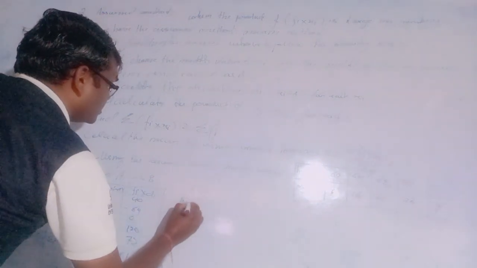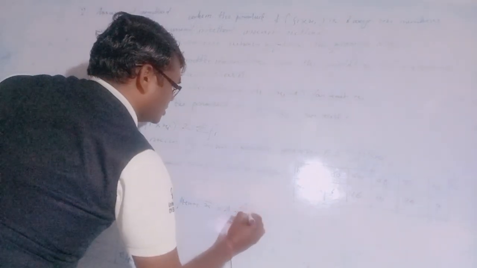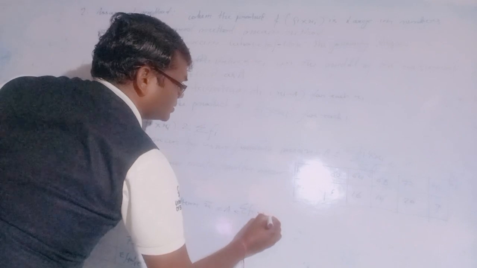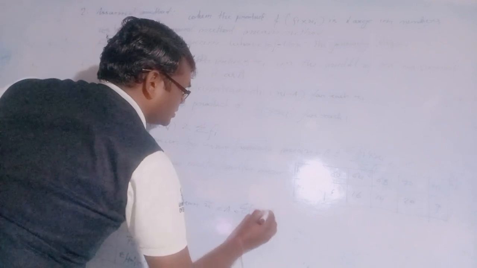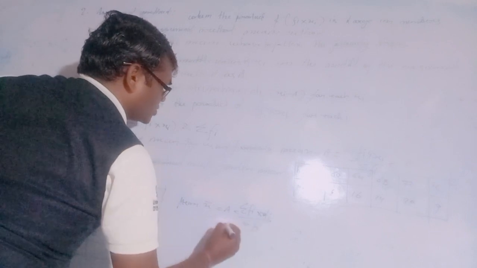Now we will use the formula to find the mean. x bar is equal to A plus the summation fi into di by summation fi. So mean is always written here.